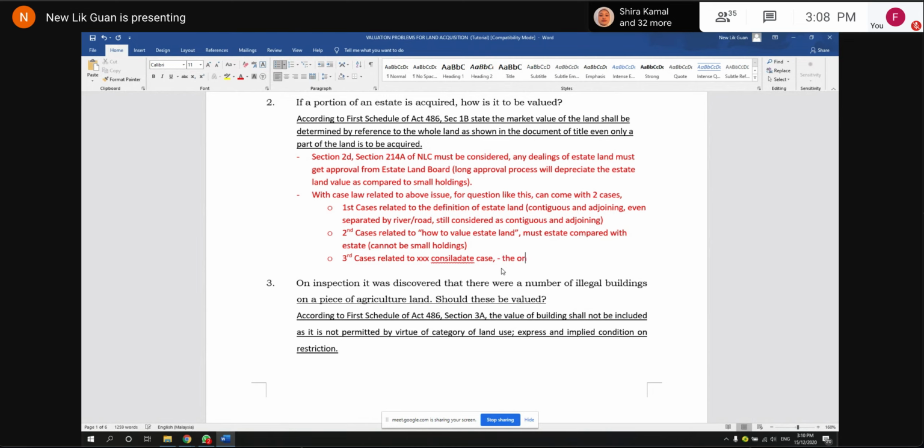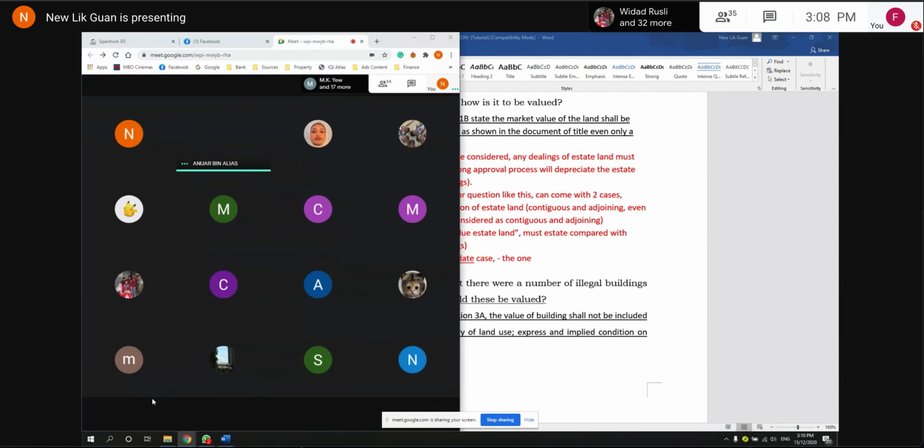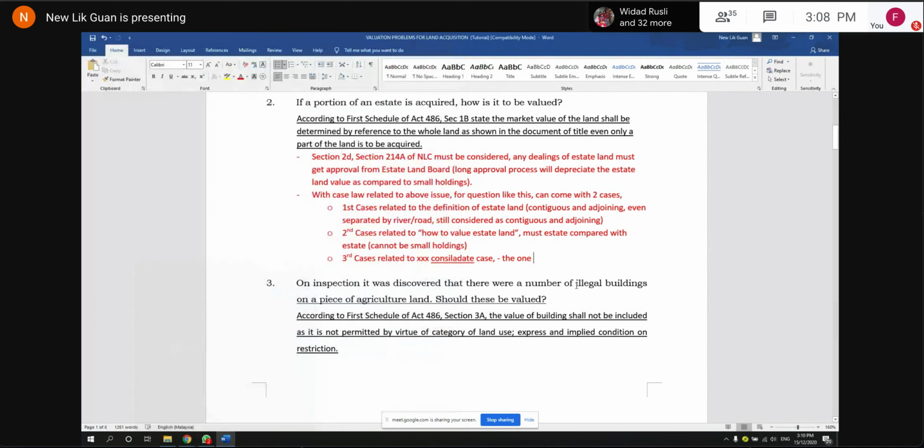The portion acquired is like a strip, about 2 or 3 kilometers long in the estate, I can't remember exactly, with a width of 100 feet, running all along the estate. The court gave a decision that the value should use the belting approach.